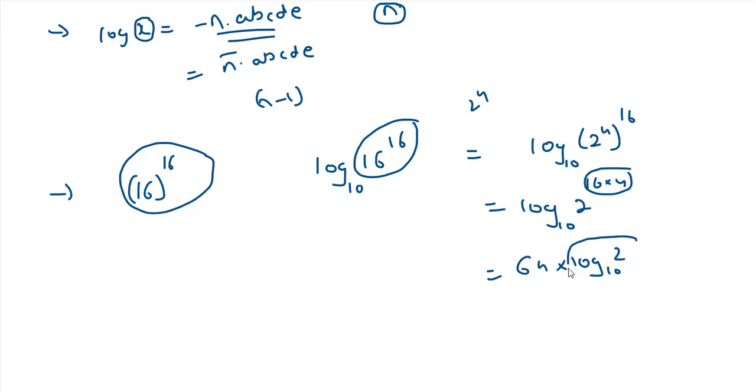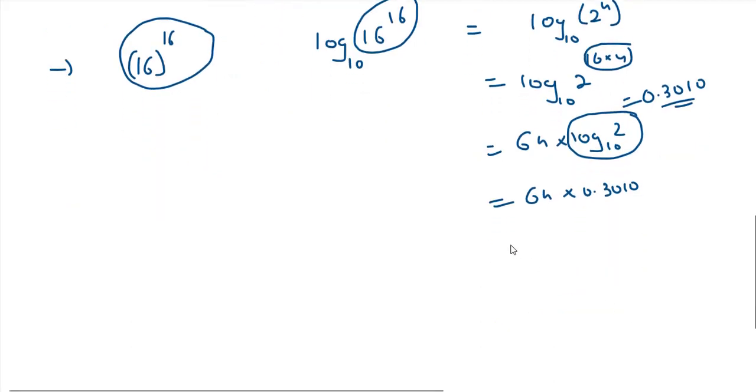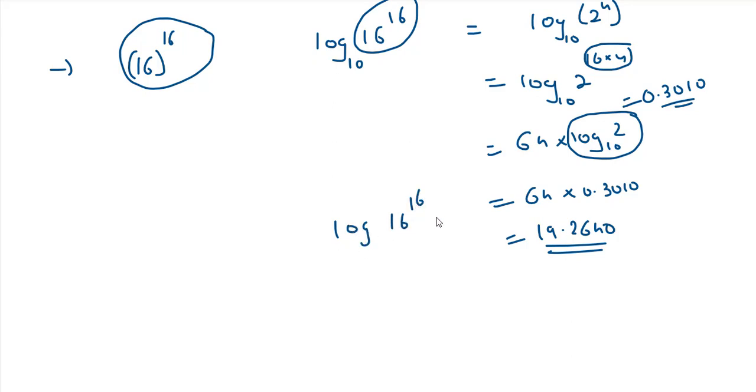Now the value of log 2 to the base 10 is a standard value which we'll have to remember, which is 0.3010. So we get 64 into 0.3010. If you multiply this, we'll get 19.2640. So the log of 16 raised to 16 comes out to be 19.2640.